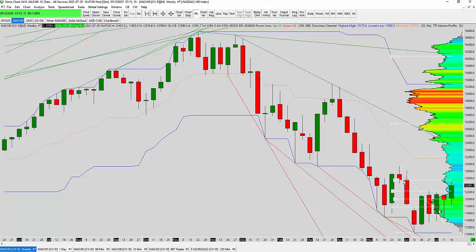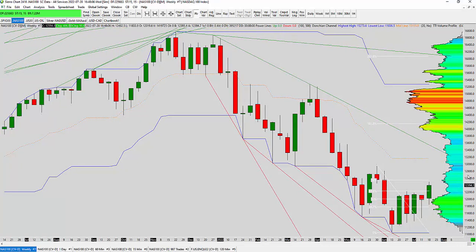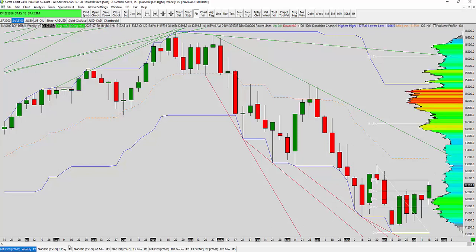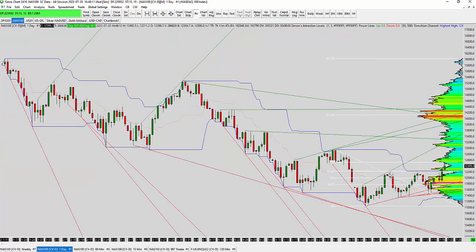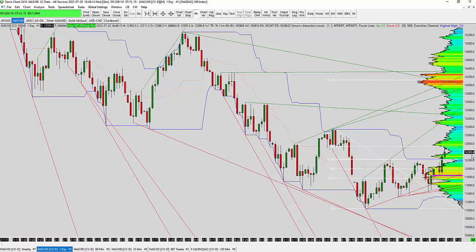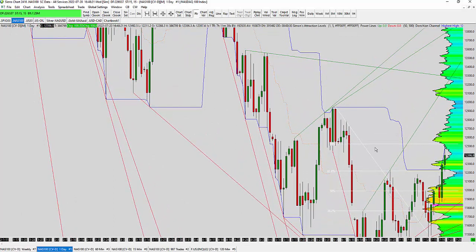I added my 78% or 76% level, which it touched, but that was also combined with an entry to the next volume profile level. If I show you this on a smaller chart, on 1-day profile, you notice how that 78 or 76%, whichever you choose.